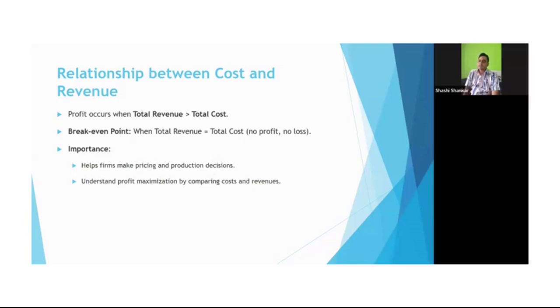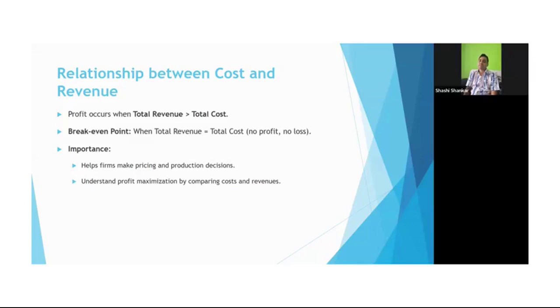All right. And importance: how is this cost and revenue concept important? It helps firms make pricing and production decisions. To produce some more units, they consider the variable cost, fixed cost, total cost, and how much revenue they are generating.